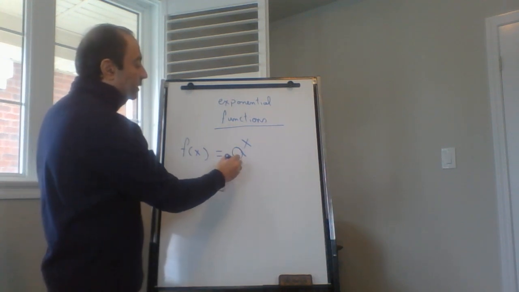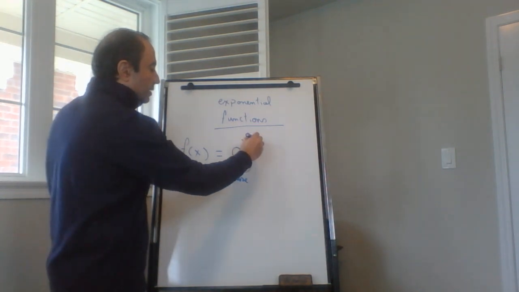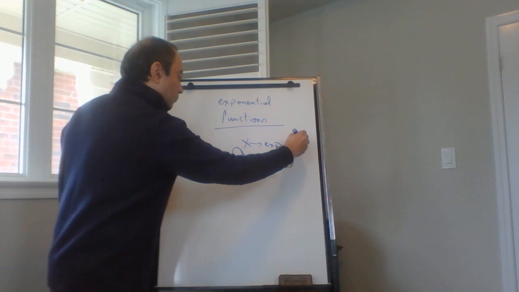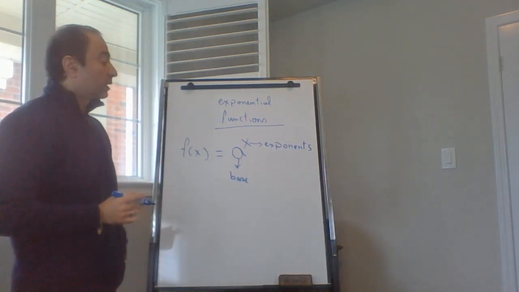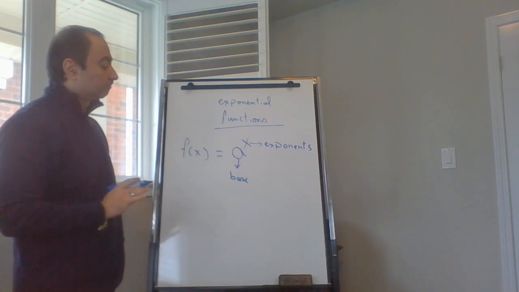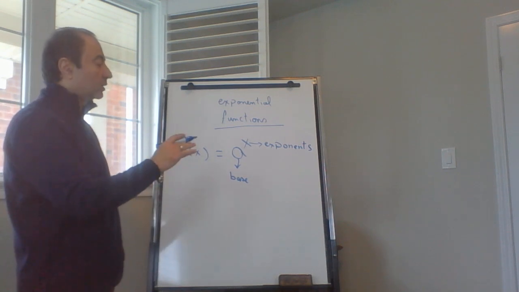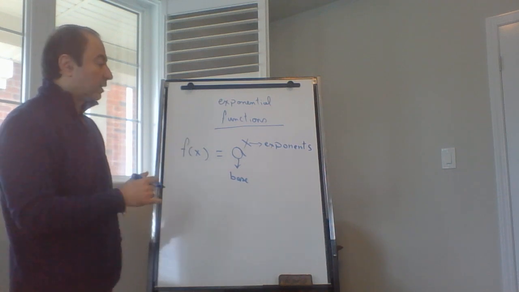We call a the base and x is the exponent, and this is how the function looks like in the parent function of the exponential, so without any expansion or compression or shifting left and right or anything.